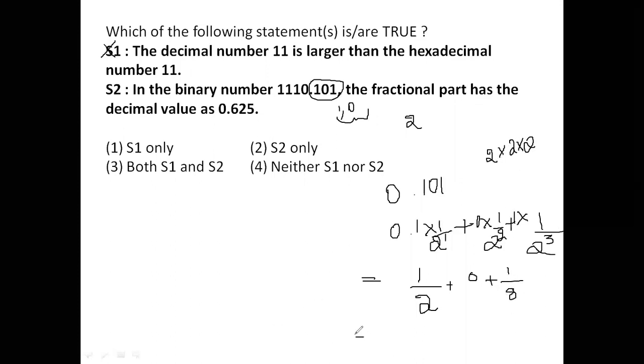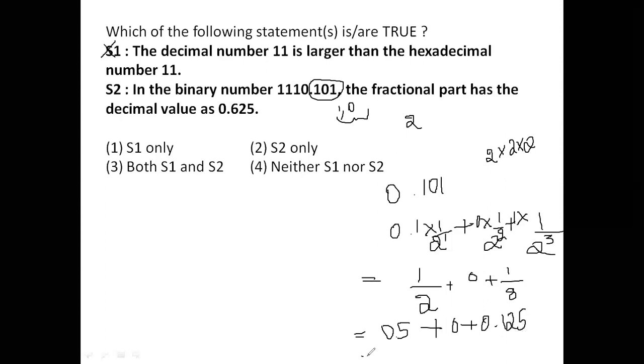Let's take a count here. 1 divided by 2 is nothing but half, which is 0.5, plus 0, plus 1 by 8. 1 by 8 can be represented as 0.125.